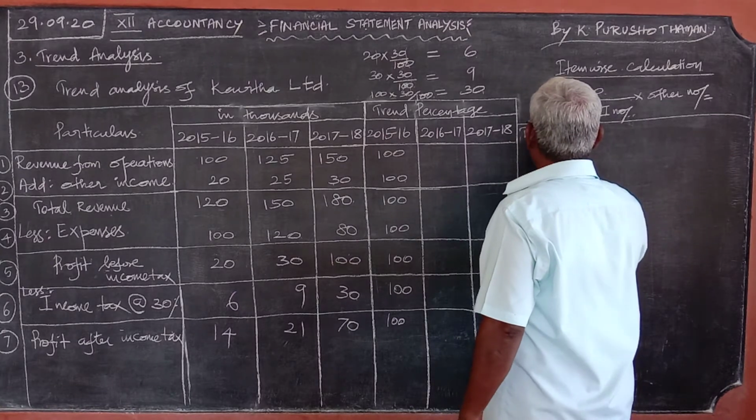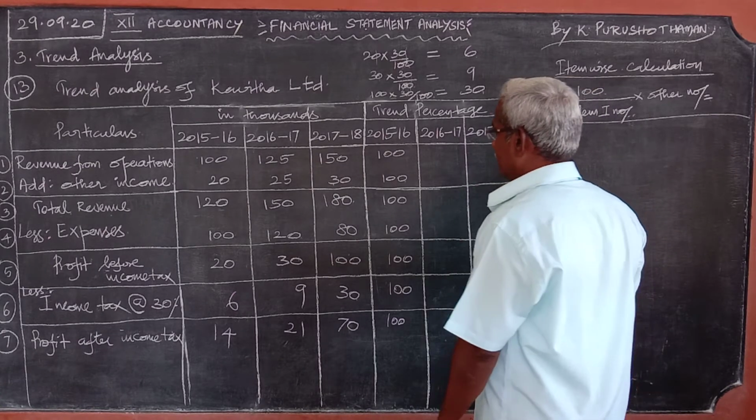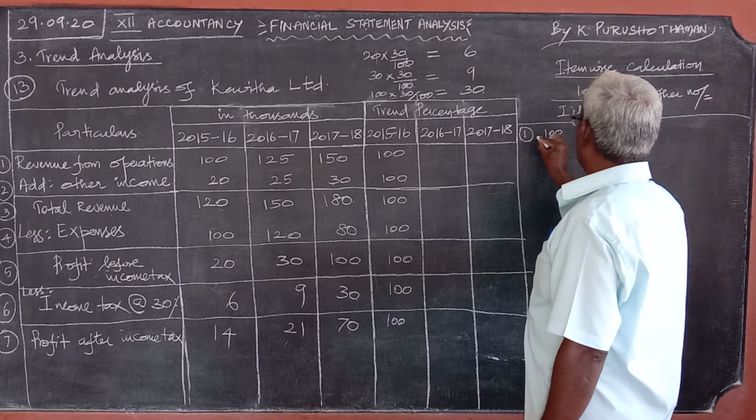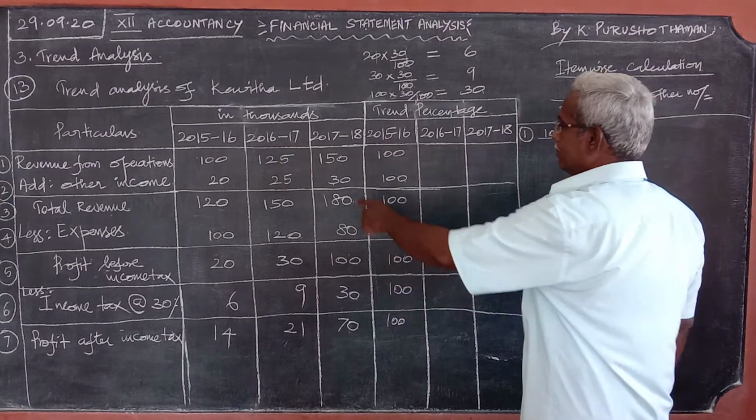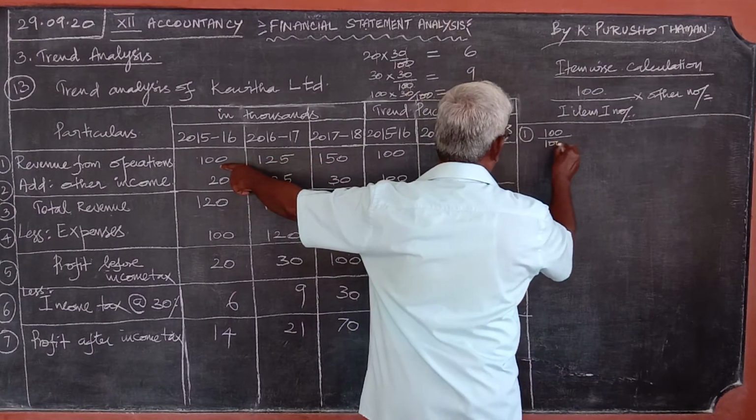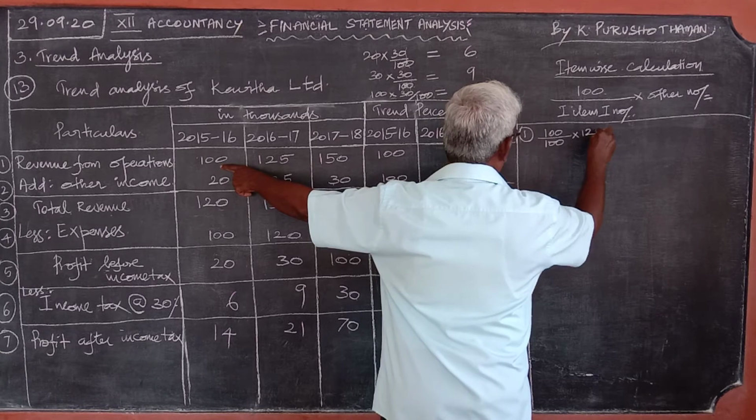For the first item, what is the formula? 100 by the first item, which is here 100, into 125.